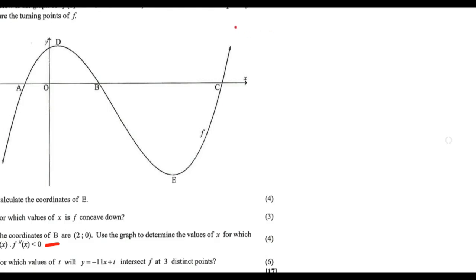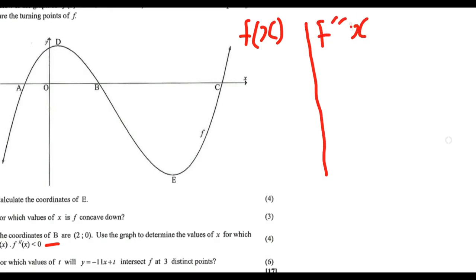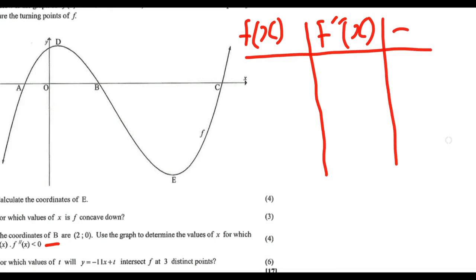You need to make a table for f(x) and then a table for the second derivative, and the answer must be negative, less than 0. In the first scenario, f(x) must be positive and the second derivative must be negative, then the answer will be negative. In the second scenario, f(x) must be negative and the second derivative must be positive, then the answer will also be negative. So we have to look at both scenarios.